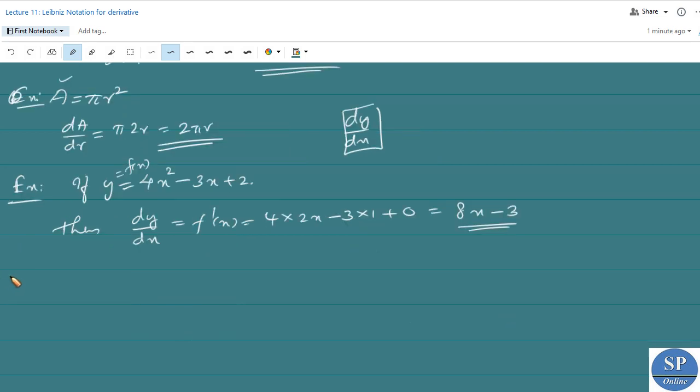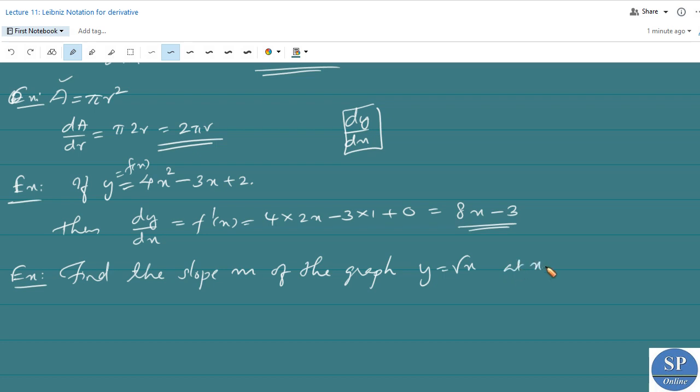Now the next question: find the slope m of the graph y equals square root of x at x equals 4. So we need to find the slope of the graph y equals root x at the point x equals 4.